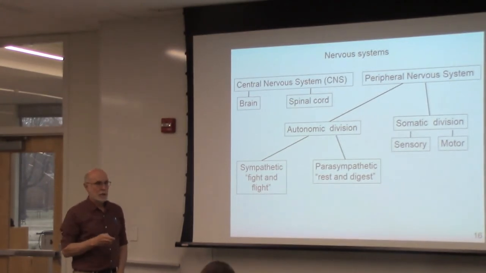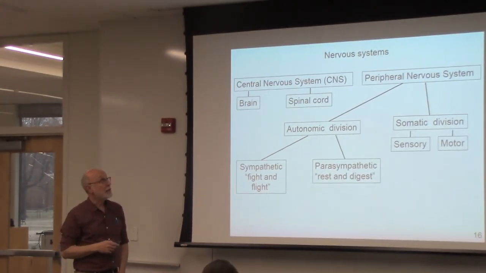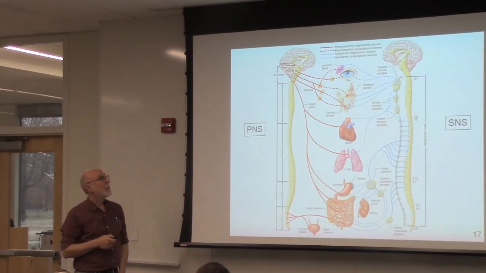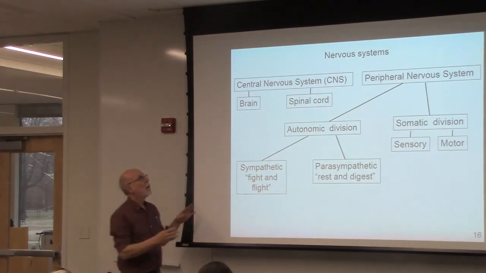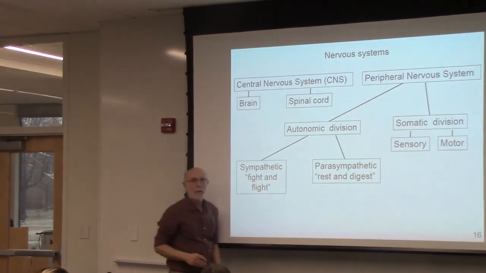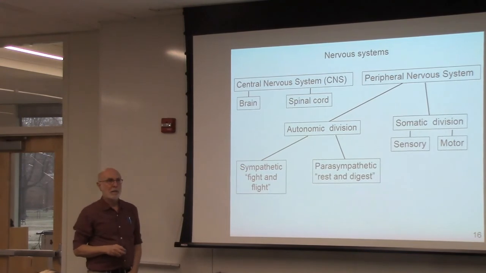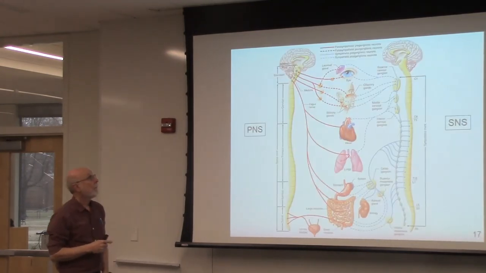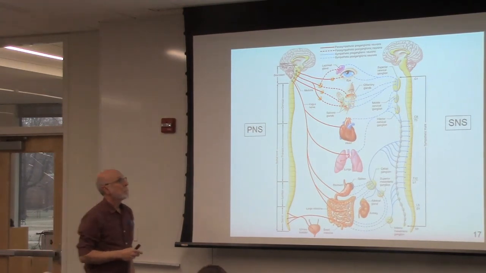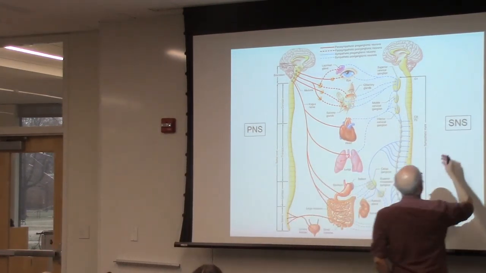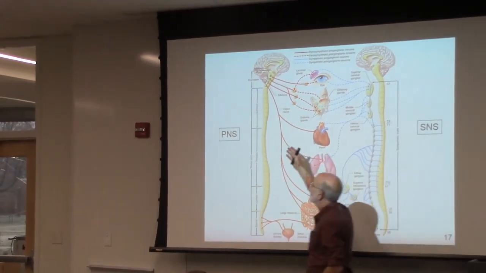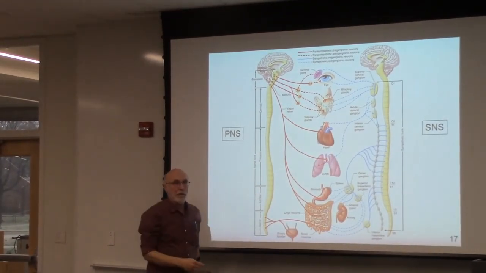We're going to start to talk about a lot of this physiology. So now I want to introduce the autonomic nervous systems. Here's the sympathetic nervous system, and here's the parasympathetic nervous system over here.